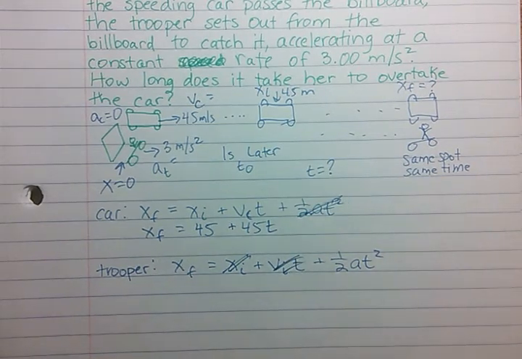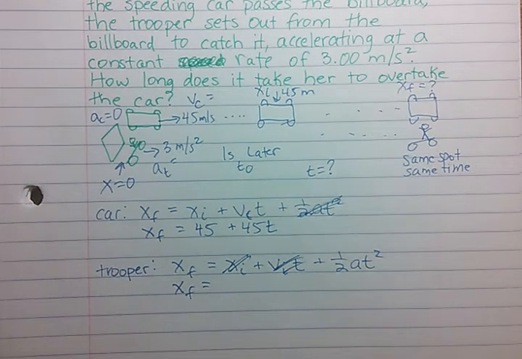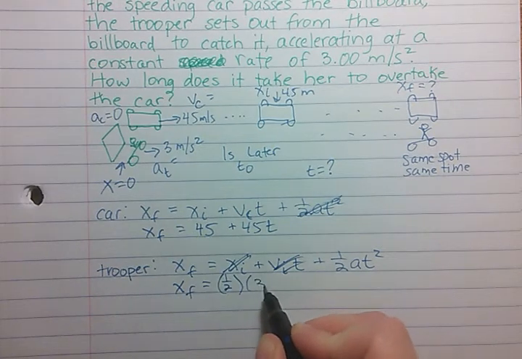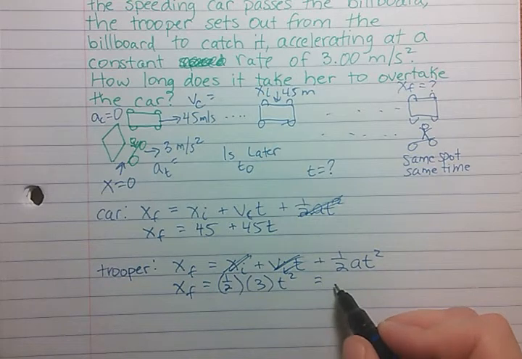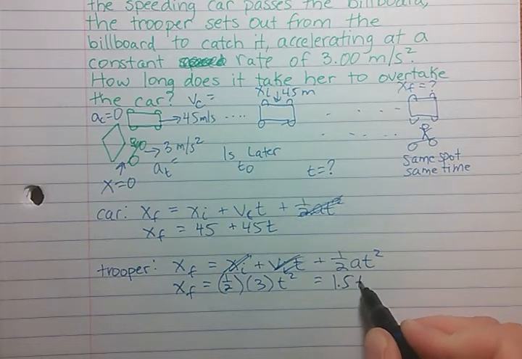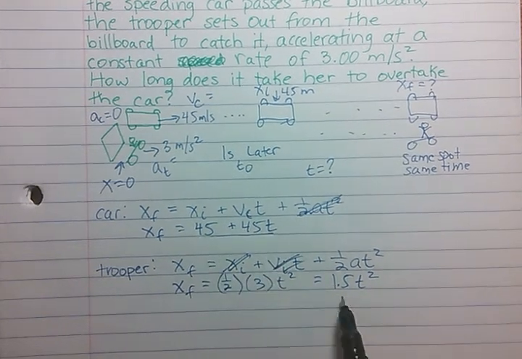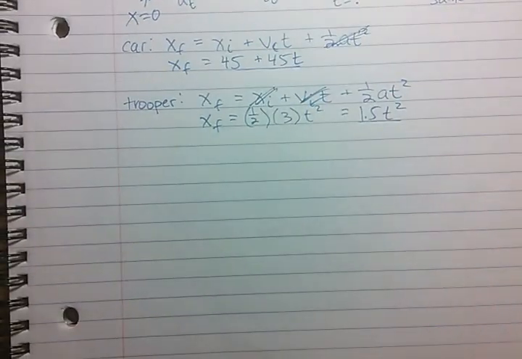This term goes away because its initial speed is 0. So we're left with XF equals 1/2 times the acceleration, which is 3, t squared. And that's just going to equal 1.5 t squared. Now we can set this equation and this equation equal to each other and solve for t.